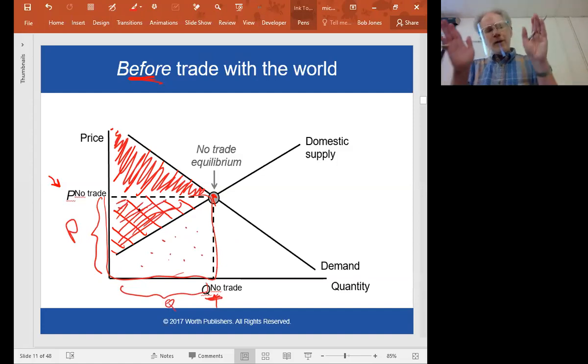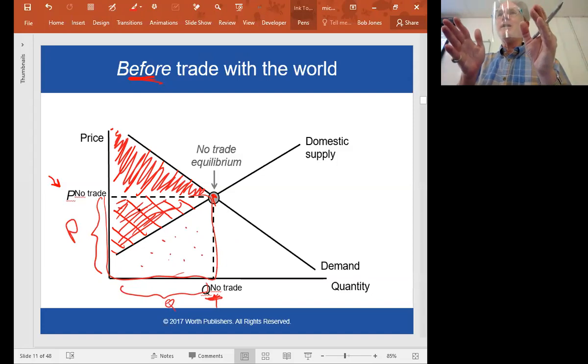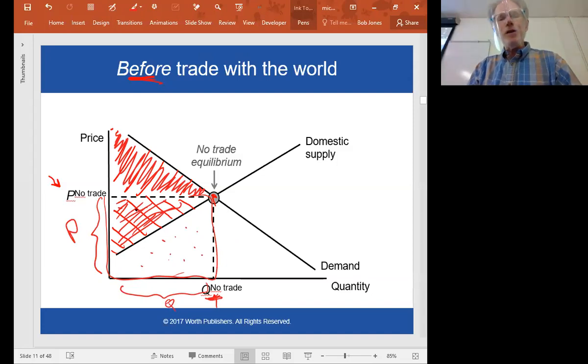So again, remember the graphical shortcut. Consumer surplus is the area below the demand curve and above the price line. Producer surplus is the area below the price line and above the supply curve. It's the gain going to consumers.